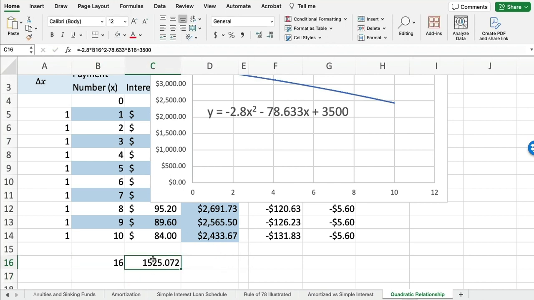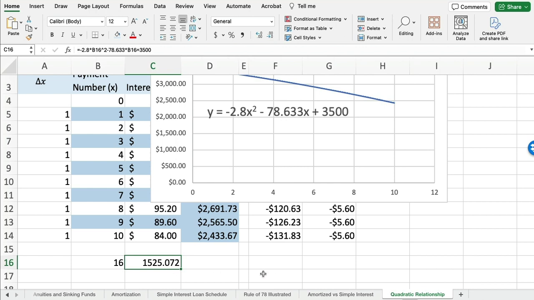Okay, so just down here I happened to take row 16, and at the 16th payment, by the time we make that payment, our balance should be $1,525. And let's just round that to the nearest cent. So it's $1,525.07.